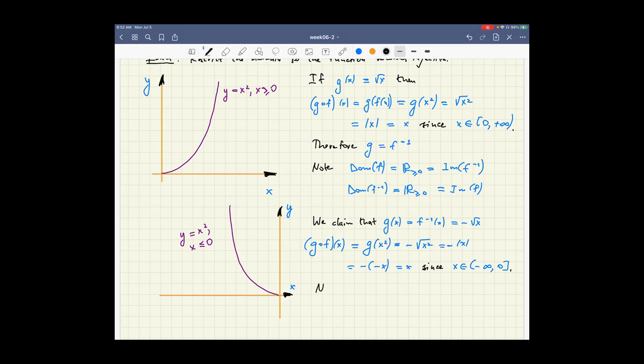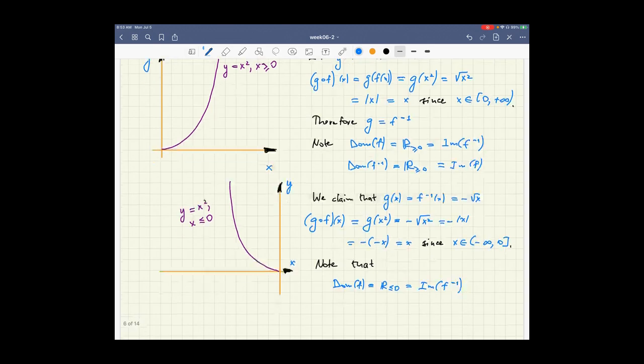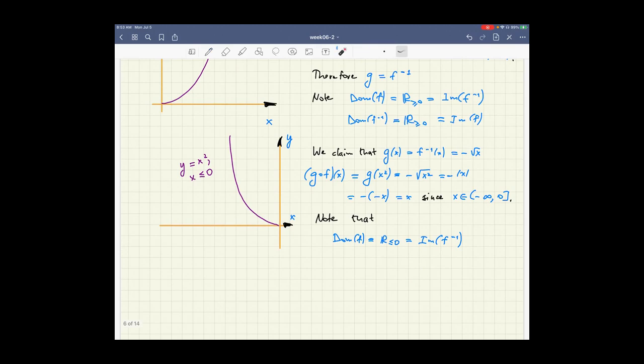And note, just like before, we have this correspondence between the domain and range of f and its inverse. Domain of f is all non-positive real numbers. And that is also the image of the inverse function, because the inverse function here is the function negative root x.